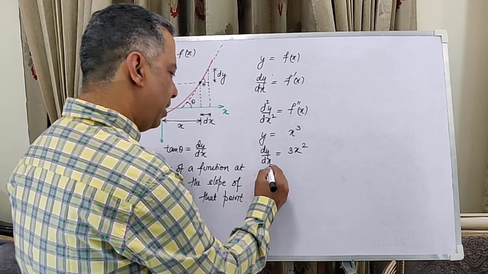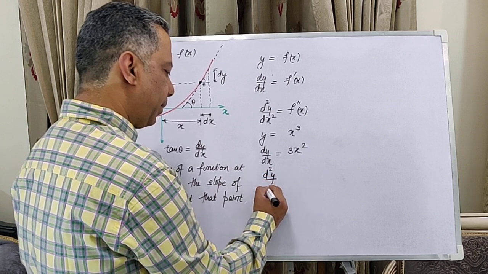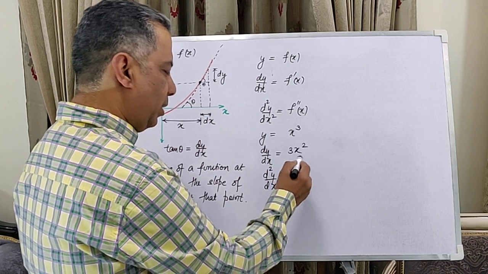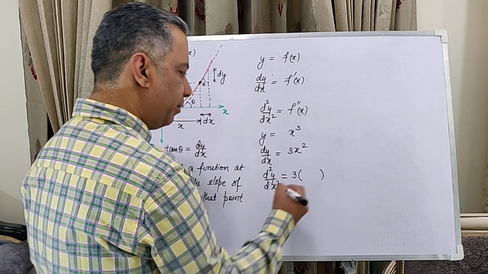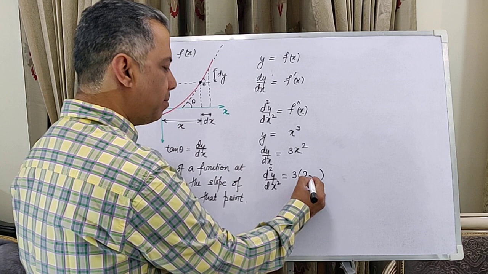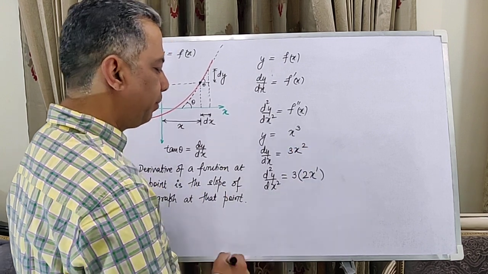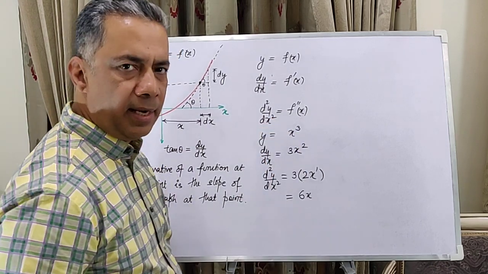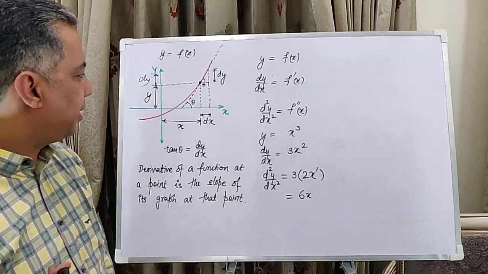Double derivative will be the derivative of the derivative, and that's d square y by dx square, and it equals the derivative of this quantity here. Now 3 times the derivative of x square. What's the derivative of x square? Multiply by the power and then reduce the power by 1. And so you end up with 6 times x. So that's the meaning of double derivative.